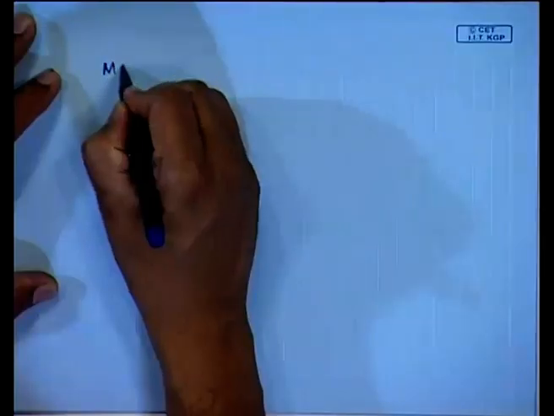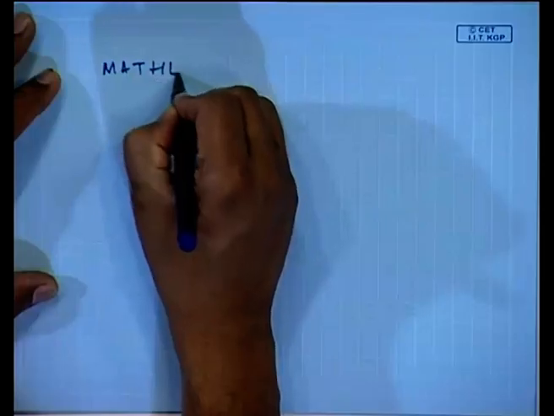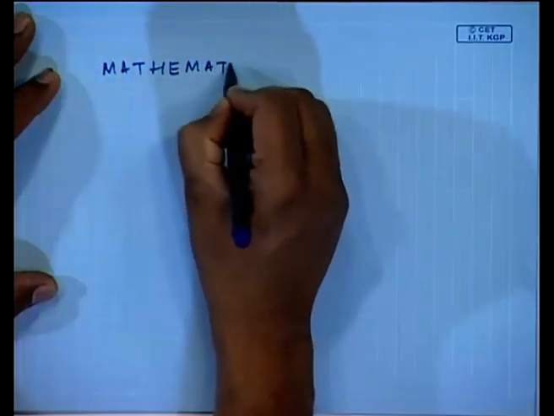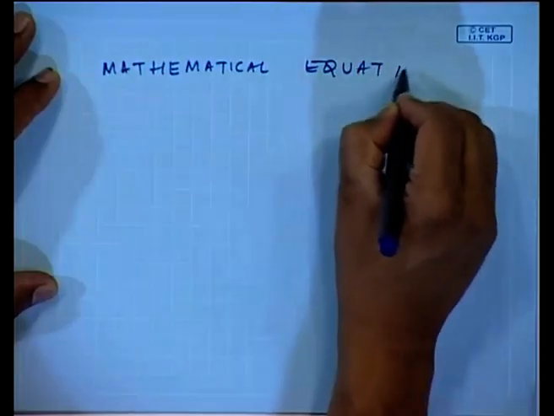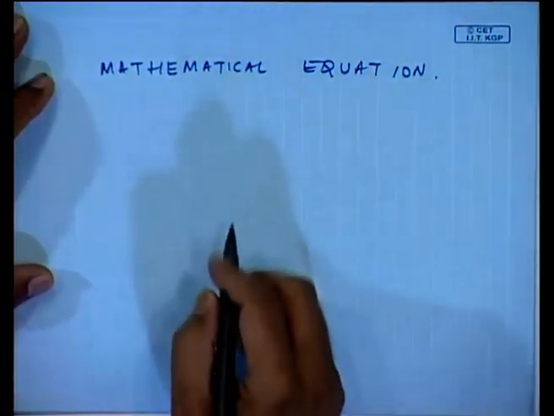But all these above signals could be very easily described by a mathematical equation. So, we can find out their features.